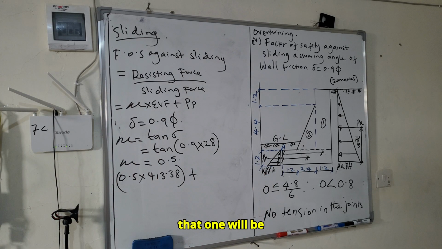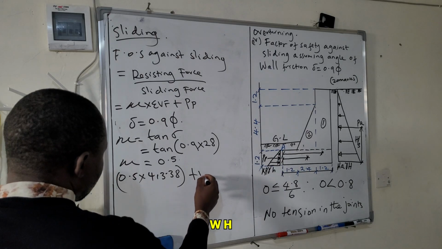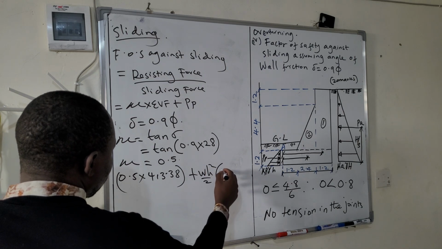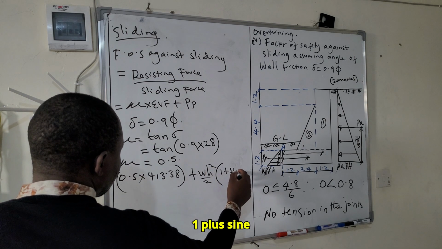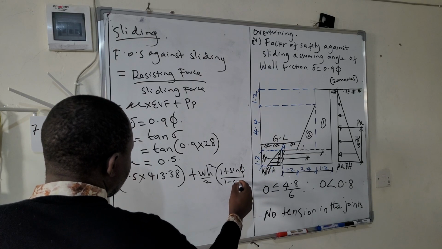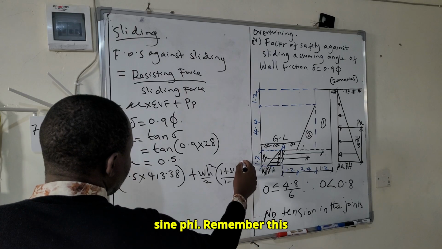So that one will be W H square over 2 times 1 plus sine phi over 1 minus sine phi.